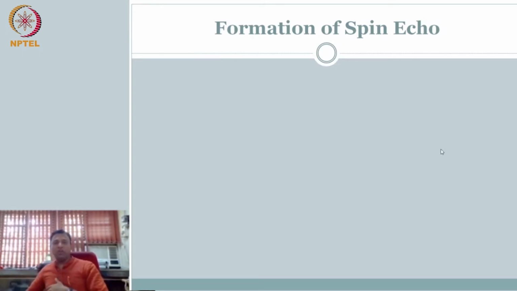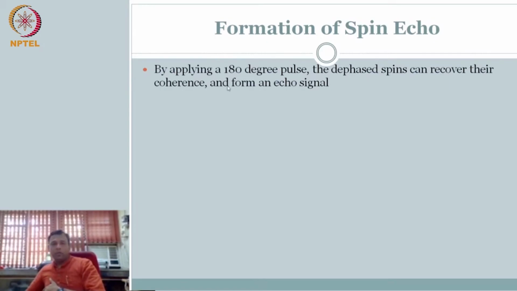So spin echo means I have a signal from spin, echoed again. Meaning I have the signal, it is going to go down, and I am trying to make it come back and record it again. So that is your echo of the signal. By applying a 180-degree pulse, the dephased spins can recover their coherence and form an echo signal.